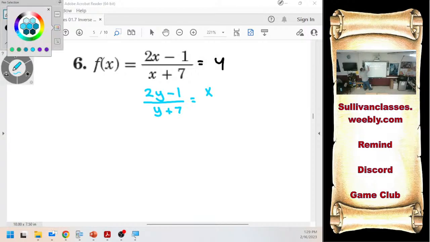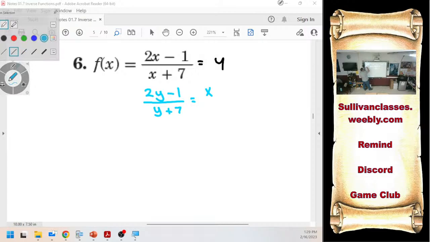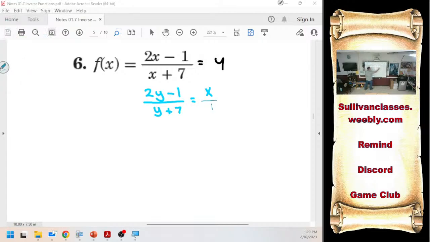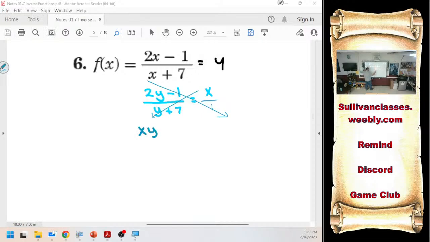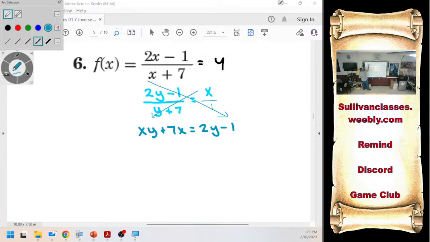I'm going to put this over 1 and cross multiply. xy plus 7x is 2y minus 1. It might be completely flopped of what you have. That's okay. At the end, it'll be the same thing. We'll just have the negation.